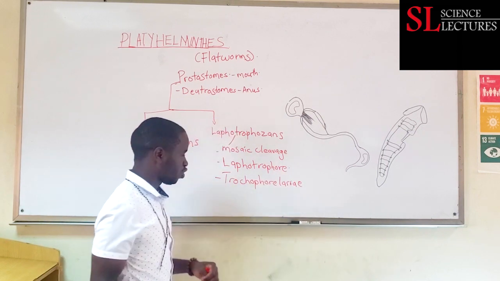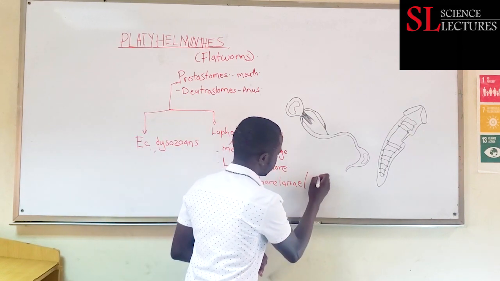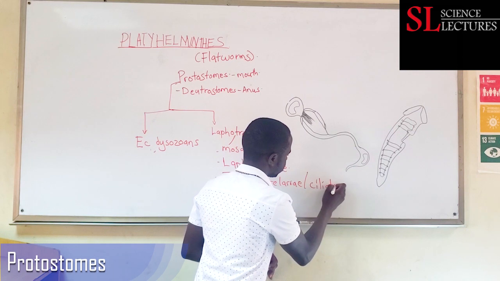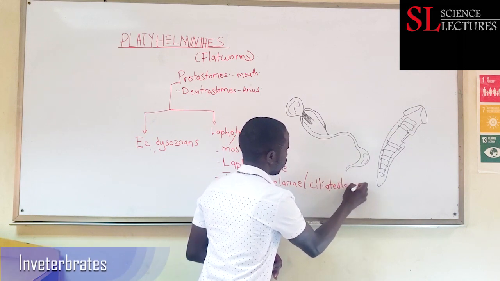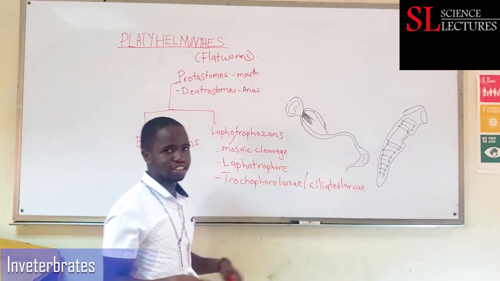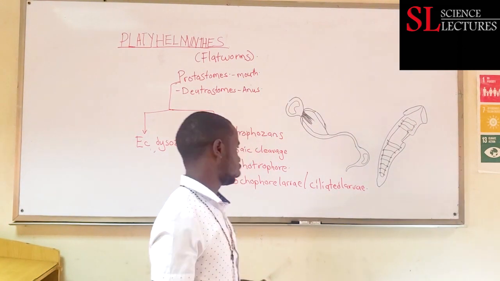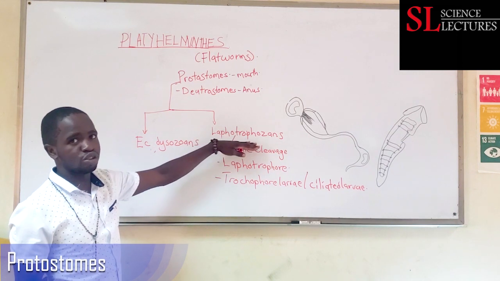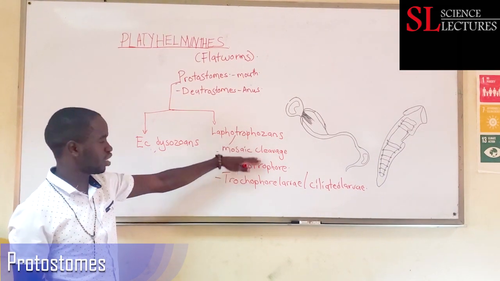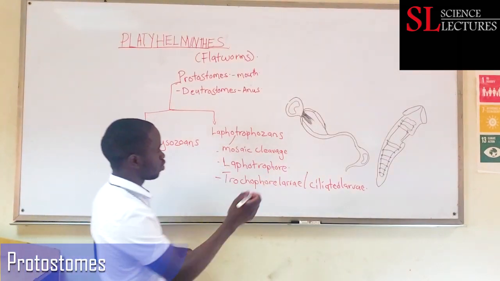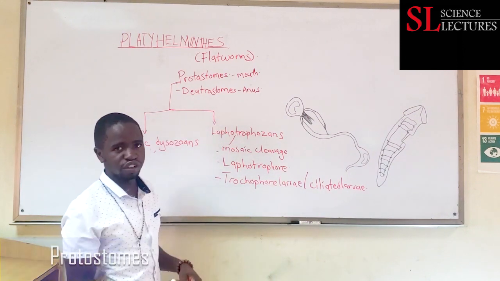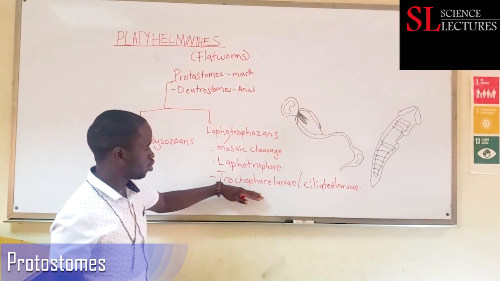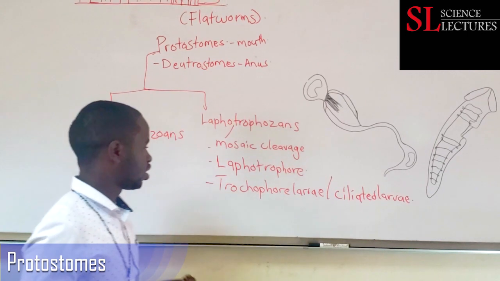If not a trochophore larva, we call it a ciliated larva, meaning a larva that has a band of cilia on it. So for any organism to be classified as a lophotrochozoan, it must undergo mosaic cleavage, have a lophophore, which is a horseshoe-shaped feeding structure, or it must have a trochophore larva or a ciliated larva.